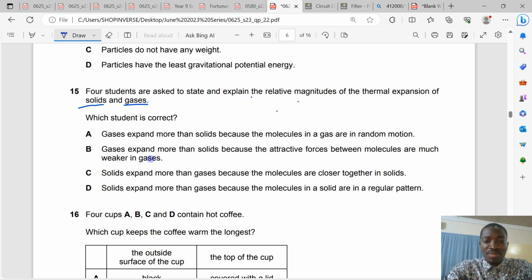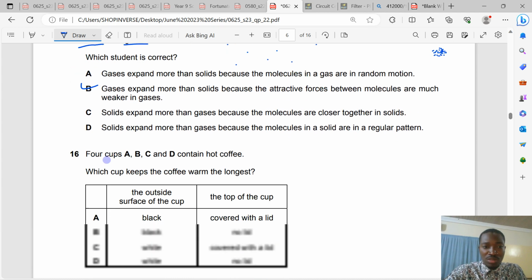That's why gas molecules are far apart normally, while the molecules of a solid are very close together because of the strong intermolecular force of attraction between adjacent molecules. But in gases, we have very weak force of attraction between adjacent molecules, that's why they are always far apart. So that makes B correct: gases expand more than solids because the attractive forces between the molecules are much weaker. That makes B the correct answer to question number 15.